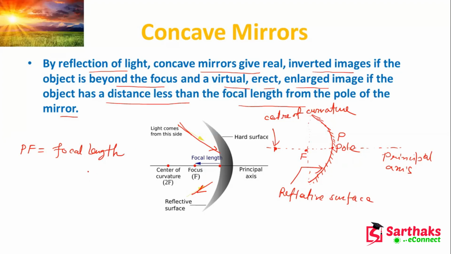Suppose there is a circle here, and this one is the mirror. This point is the center of the circle, and this is the center of curvature. Okay, got the point? So this is the mirror. Now up to this much for today.